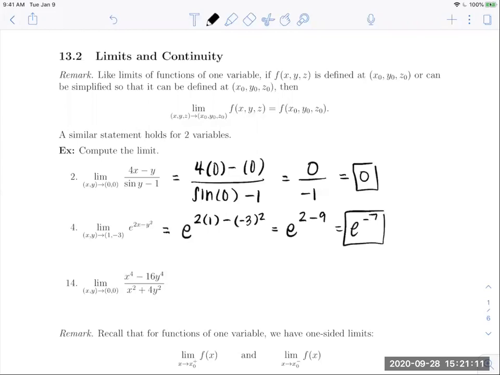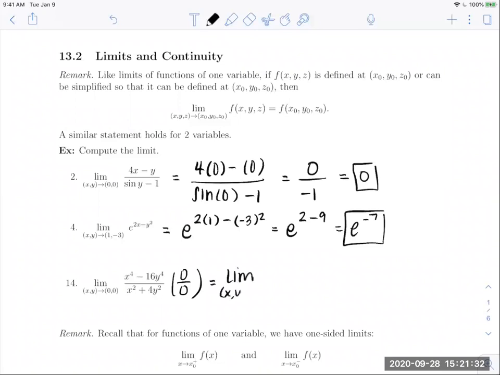For 14, if we try to evaluate at 0, 0, then what we get here is 0 on top and 0 on bottom. So I'll just make a note here. We know from our experience in Calc 1 that 0 over 0 is indeterminate. So we need to do some work here in order to simplify. And so what we recognize is this numerator is a difference of squares.